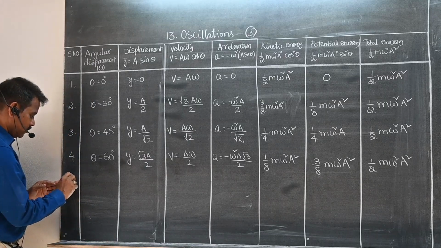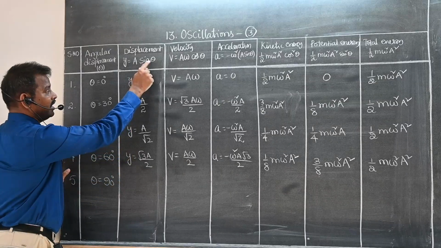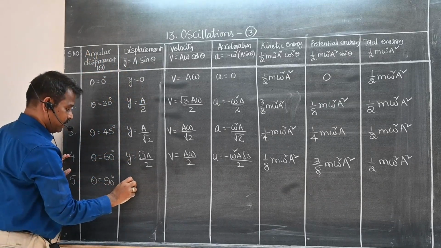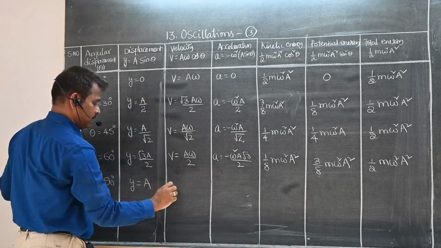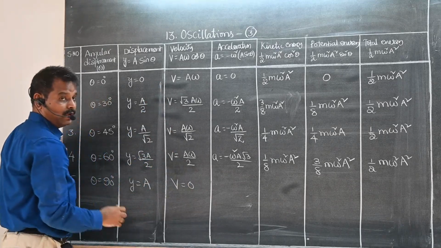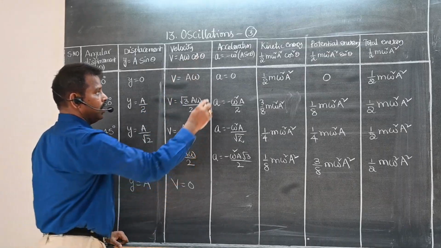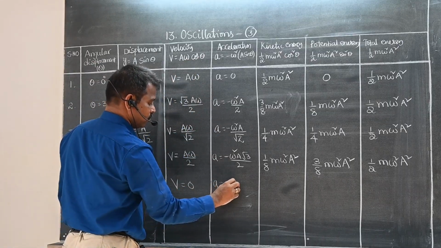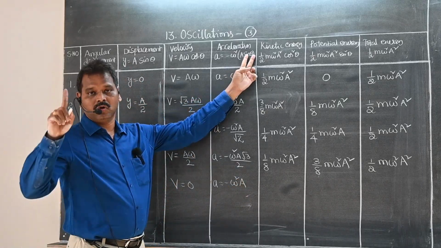The next one, the fifth one, theta is equal to 90 degrees. Sin 90 is 1, y will become A, we call it the extreme position, and the velocity must become 0. At the extreme position, velocity is 0, or substitute cos 90, which is 0. Acceleration a is equal to minus omega square A, because sin 90 is equal to 1.